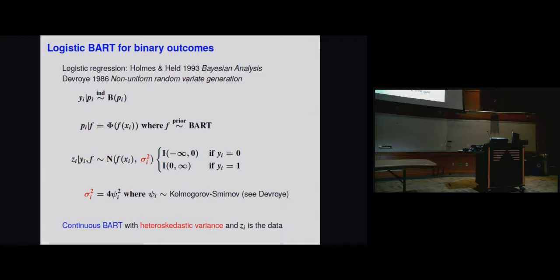Luckily, Devroye has a book on this, which is freely available. You just Google it, and he explains how to sample from that. But it's not trivial. But we did it, or I should say, Robert Gramercy did it, and it's in the package. So now it's the same kind of thing. We've got continuous BART.